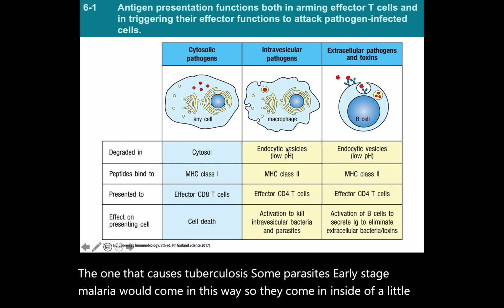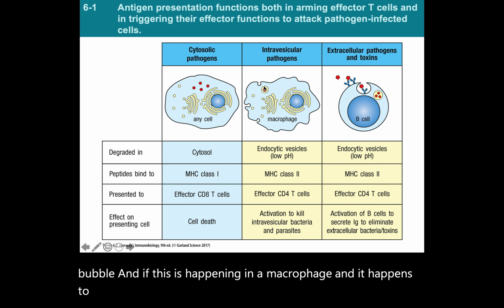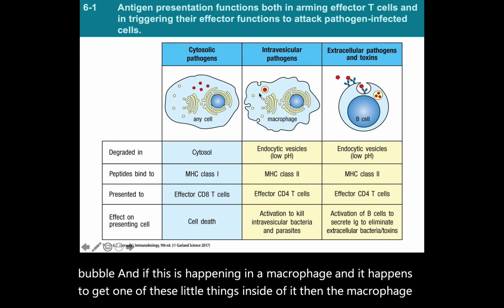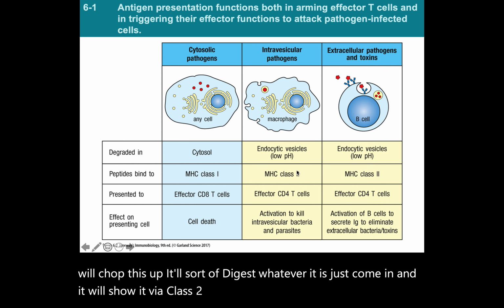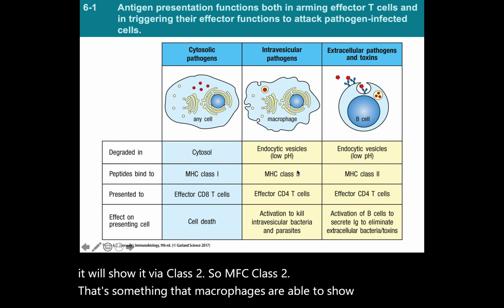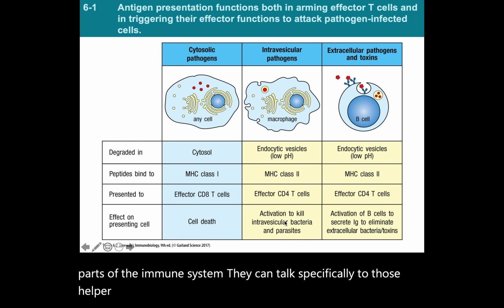If this is happening in a macrophage and it gets one of these inside it, then the macrophage will chop this up, digest whatever has come in, and show it via MHC class 2. That's something macrophages are able to show to other parts of the immune system. They can talk specifically to those helper T cells with class 2. So helper T cells are going to interface with your macrophages a lot.